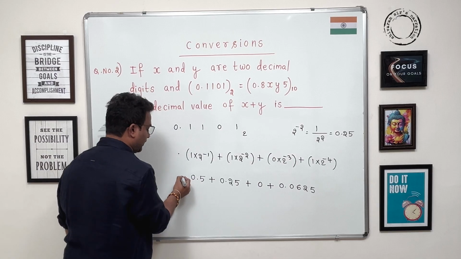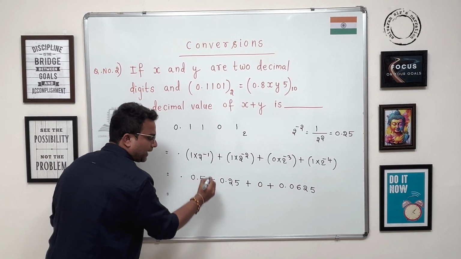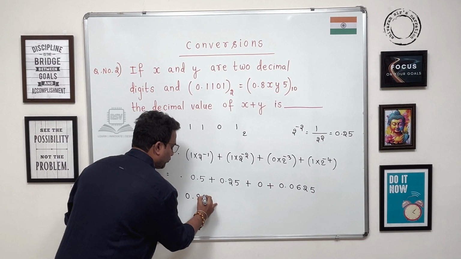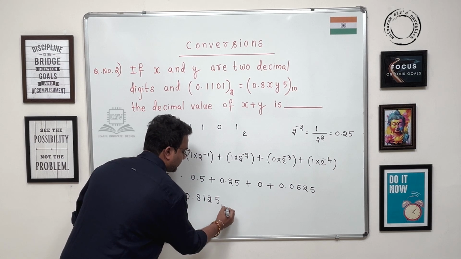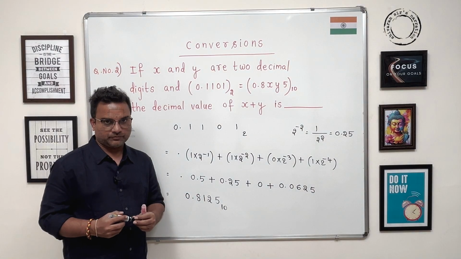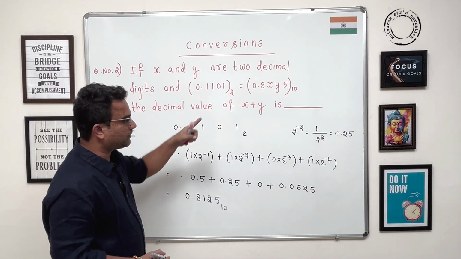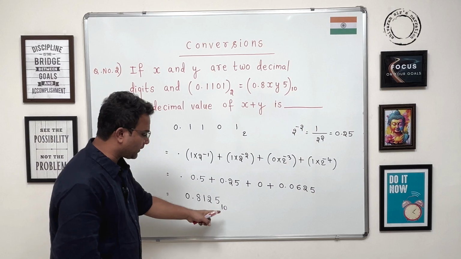Now we want to add all of them. Therefore, if you add, we will get 0.8125 base 10. This is the decimal value. Now you compare with this 0.8xy5 base 10, 0.8125 base 10.